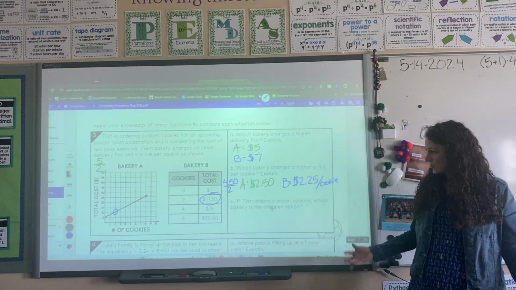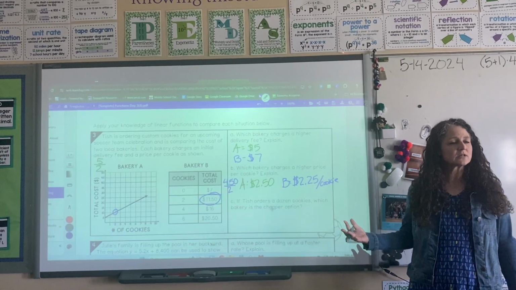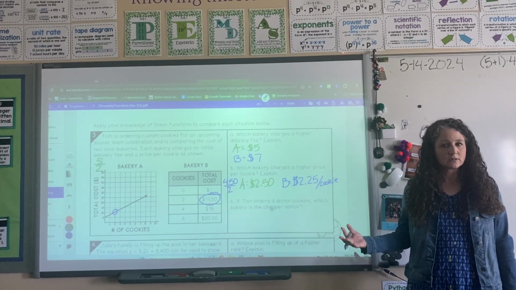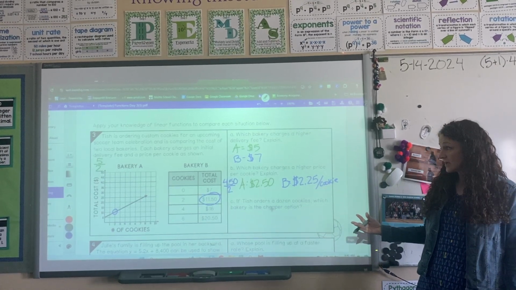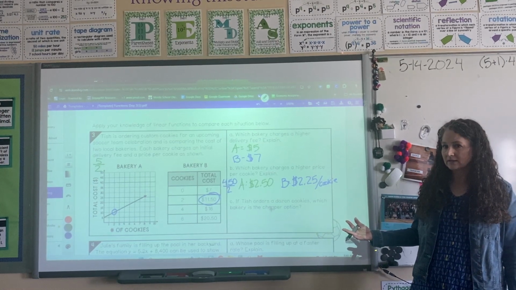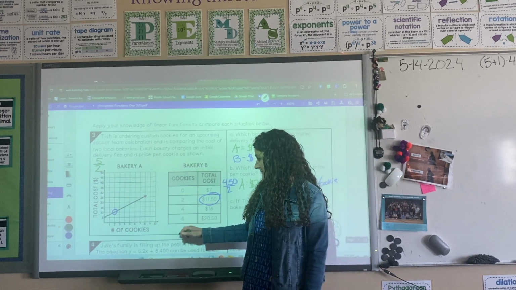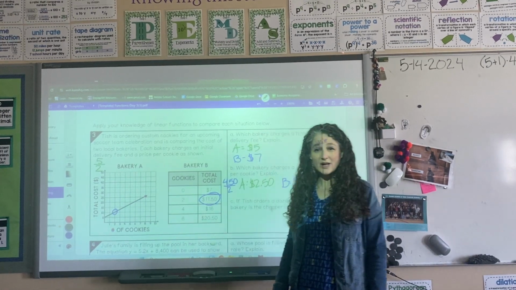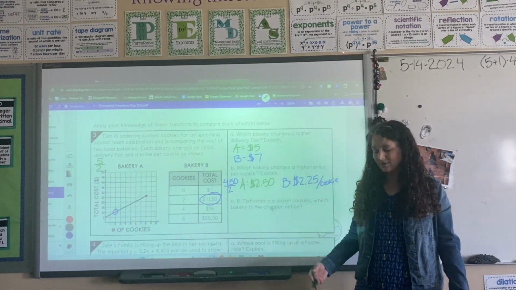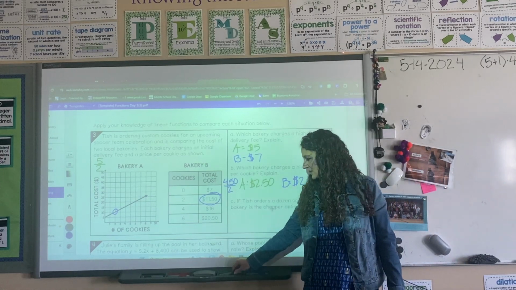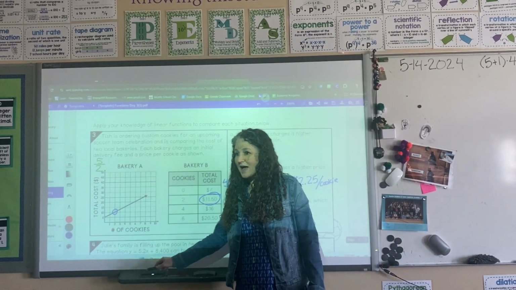So if Tish orders a dozen cookies, which bakery is the cheaper option? Is it Bakery B or is it Bakery A? Neither one of these graphs goes all the way to 12. So we're going to need to write ourselves an equation and math it.